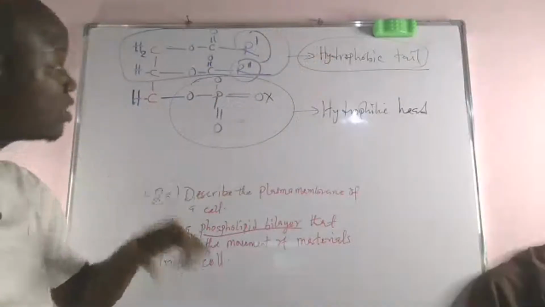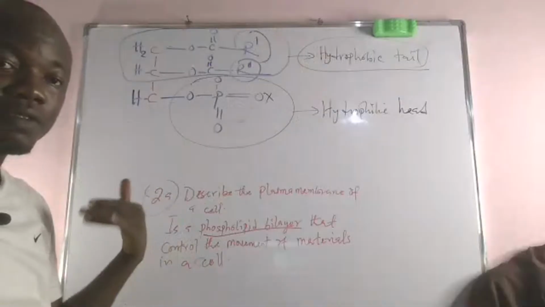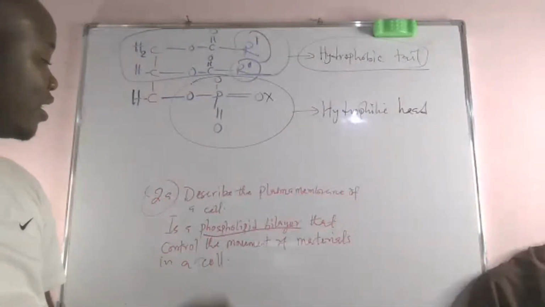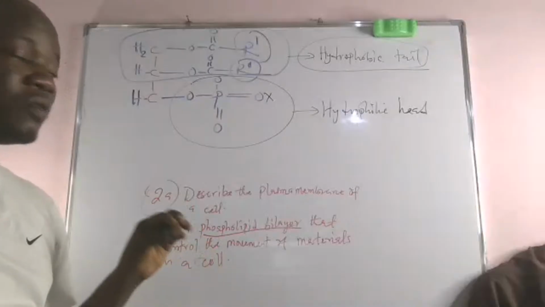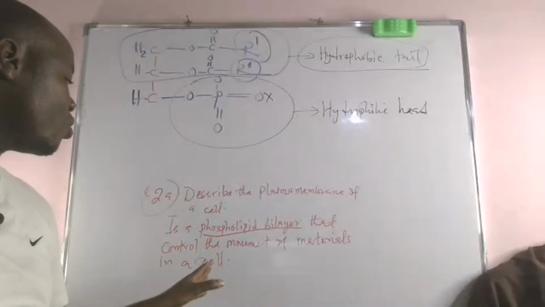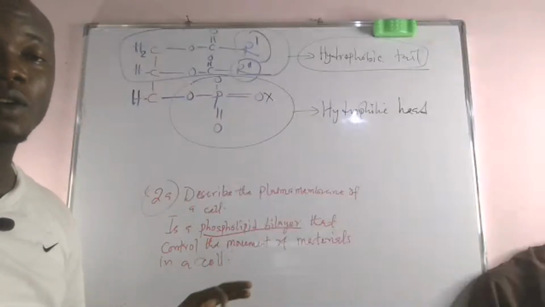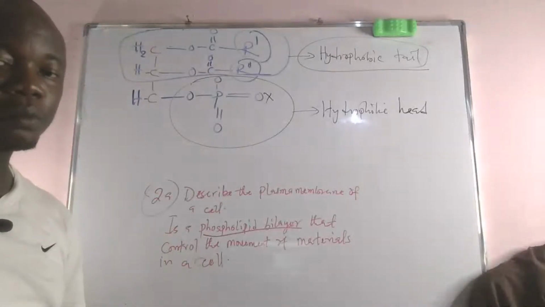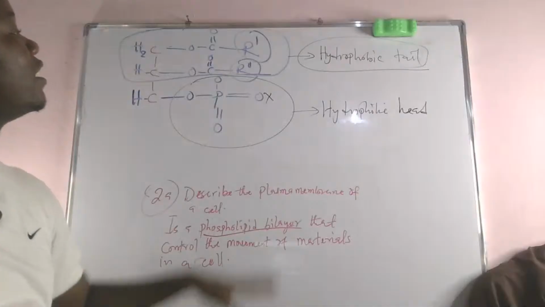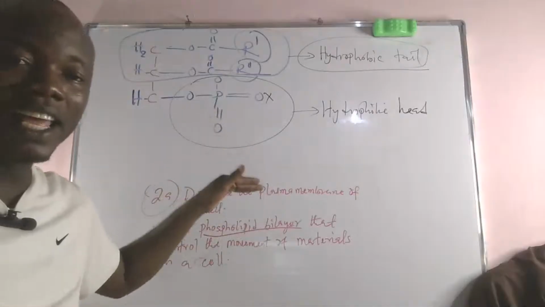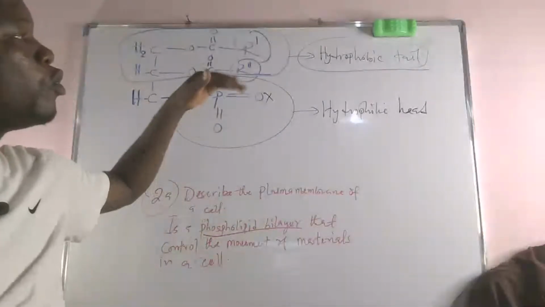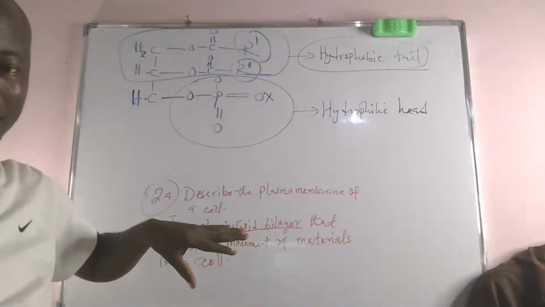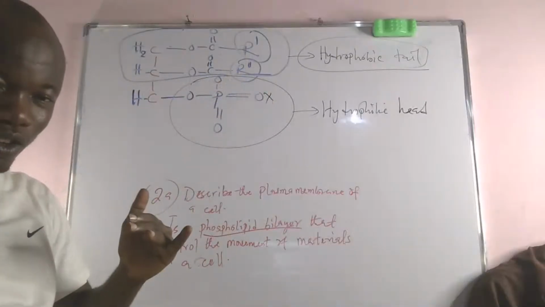Are you getting my point? First, describe the membrane of a cell. A membrane is a phospholipid bilayer that controls the movement of materials across the cell. Second, the phospholipid bilayer is made up of hydrophobic tail and hydrophilic head. I think you understand.